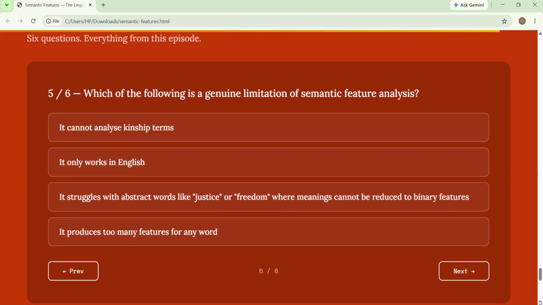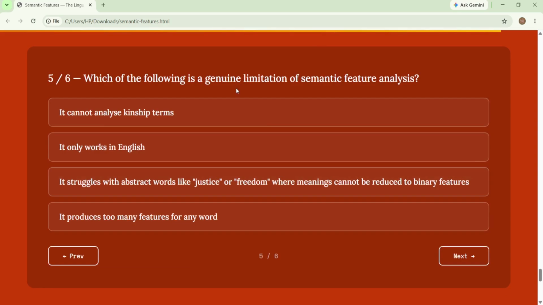So let's look at the fifth one. Which of the following is a genuine limitation of semantic feature analysis? It cannot analyze kinship terms. Then, it only works in English. Well, we have checked in Urdu, so it's wrong too. It cannot analyze kinship terms? Well, we have analyzed kinship terms too, so it is wrong too. It produces too many features for any word.